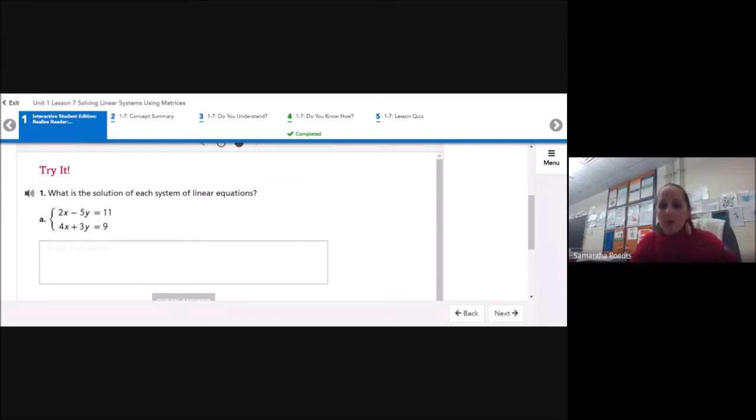So there's actually a calculator in Desmos that lets you do pretty much whatever you want with these. So 2, negative 5, column. That's going to give me 11. And then 4, 3.